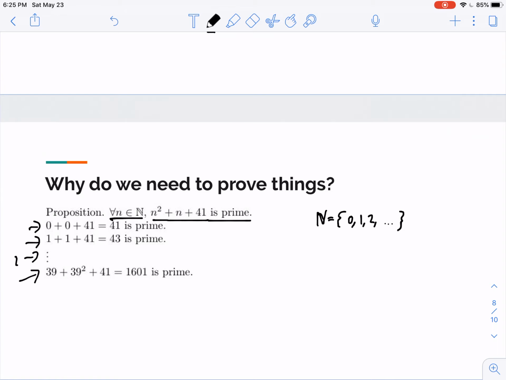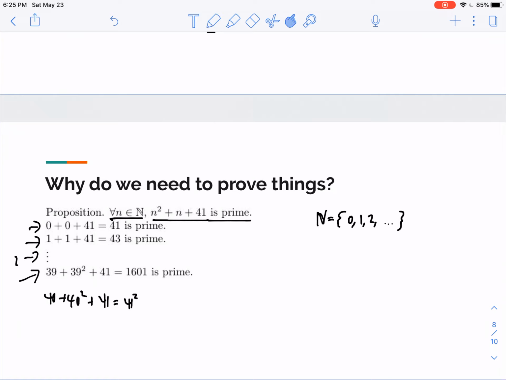But so we might just give up. We're like, we tried it for a lot of numbers. It's probably true, but it's actually not true. If you take 40 and you add it to 40 squared, and then you add 41, you get 41 squared, which is clearly not prime, because it's 41 times 41. So this proposition is actually false.